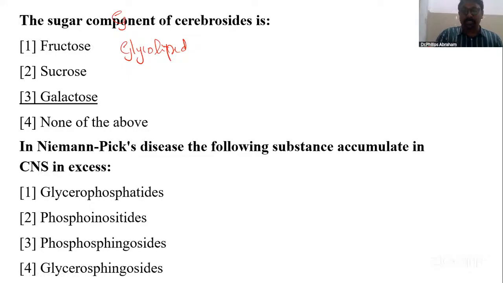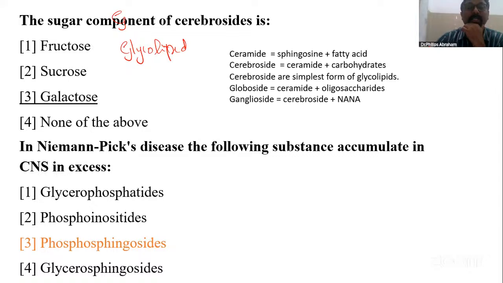I'll show the names of different glycolipids. If the sugar is galactose, we call it galactocerebroside. In glycolipids, the first compound is a fatty acid plus alcohol. A long chain alcohol is sphingosine. Sphingosine plus fatty acid is called ceramide. Ceramide plus one sugar, we call it cerebroside: galactocerebroside, glucocerebroside. That is the simplest form of glycolipid.